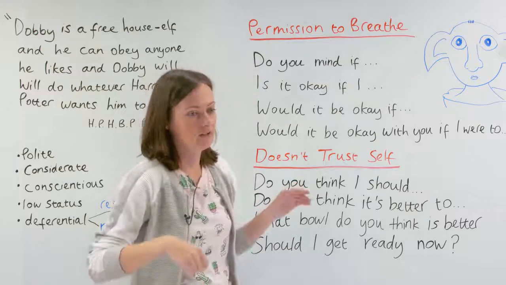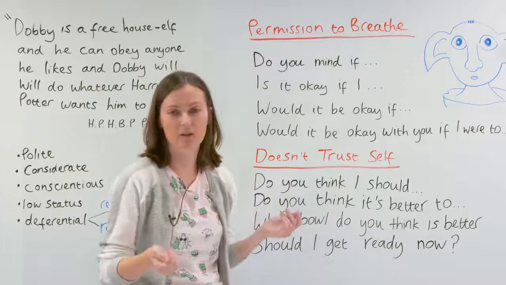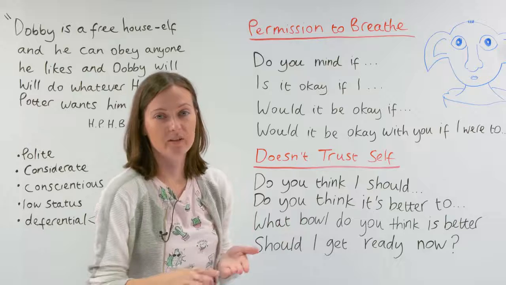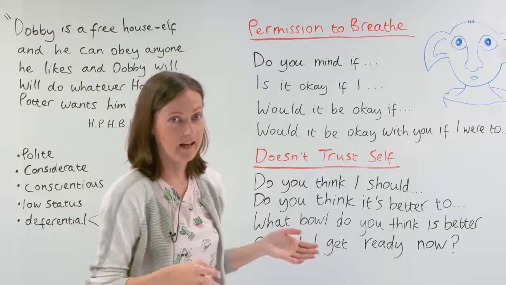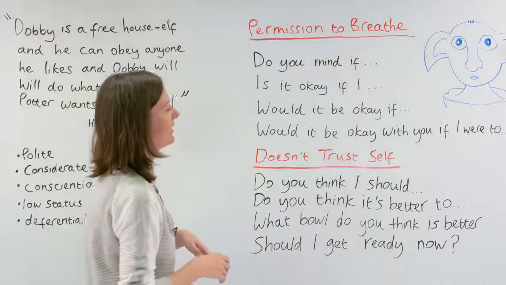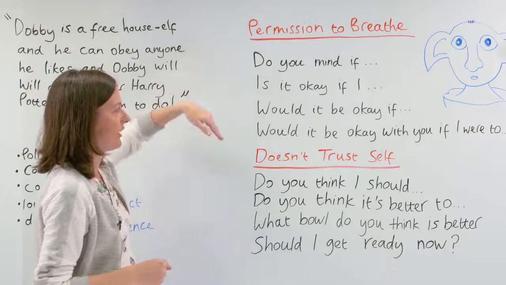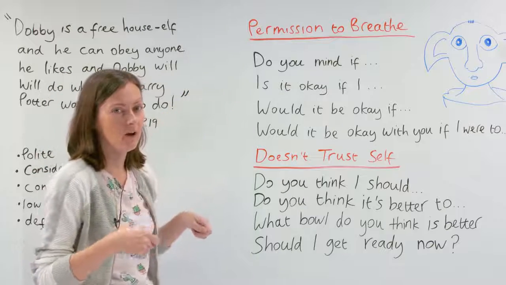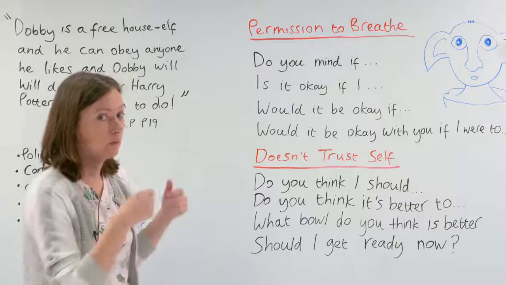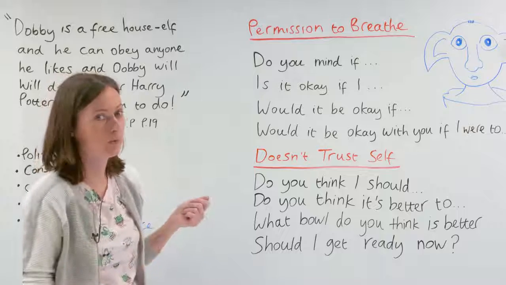So let's imagine you are in a new place or you're at somebody's house and you've never used the toilet there in their house, or the loo. You've never used it. So you would say to the person, do you mind if I use your toilet? Or do you mind if I use your loo?